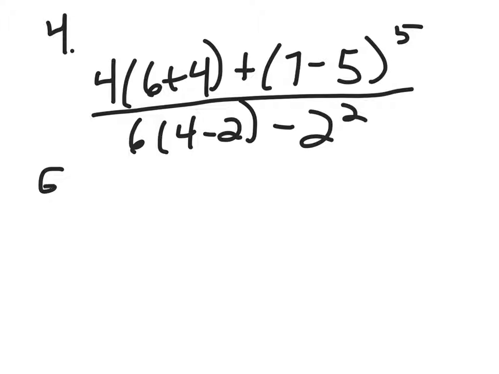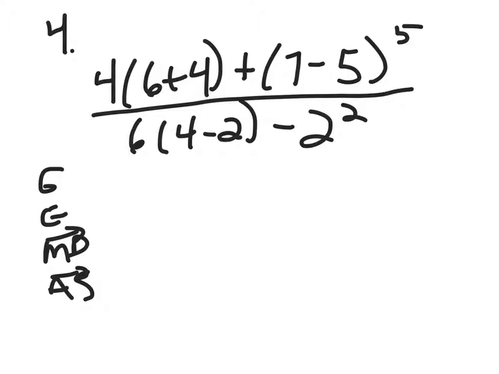Again, grouping symbols, exponents, multiplication and division, addition and subtraction. If you remember from our first video, we're going to treat the numerator as a separate problem from the denominator. So go ahead and solve the numerator first, then solve the denominator, and then divide. Go ahead and work this problem.